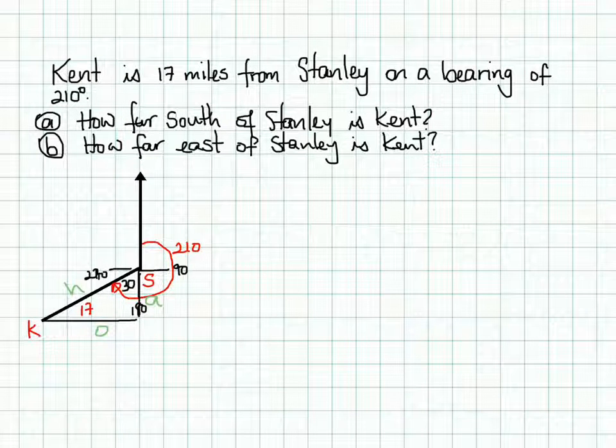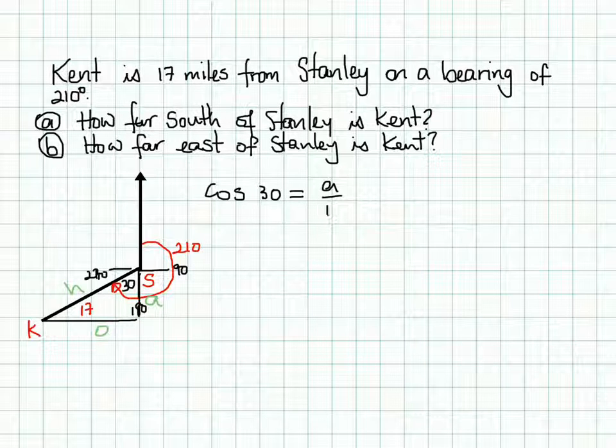So I'm going to say that cos of 30 degrees is adjacent over hypotenuse, and I'll leave my adjacent side as A and my hypotenuse as 17, because that's how far Kent is from Stanley. So adjacent over hypotenuse will give me A divided by 17. I need to remove the 17 from here, it's dividing, and multiply it over there.